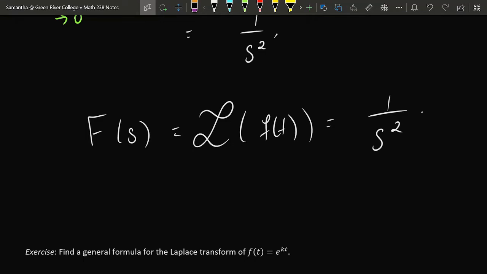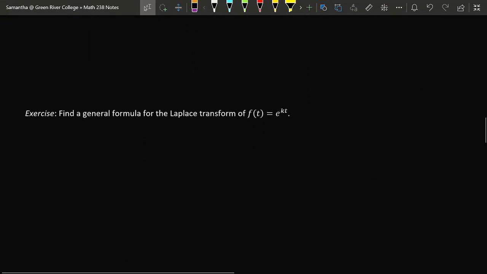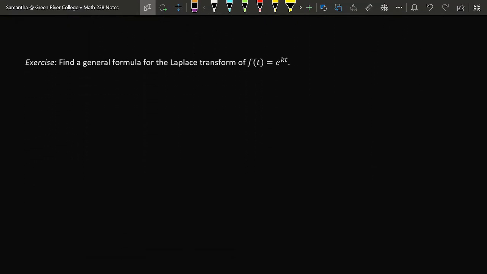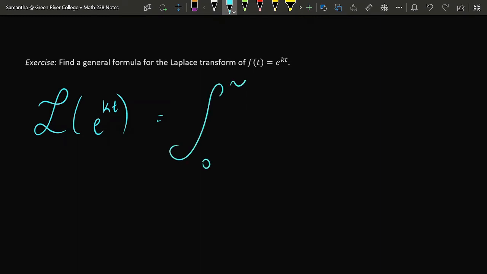Let's also practice using the definition to find the Laplace transform of this exponential e to the k times t. Using the same definition as always, we would need to integrate from 0 to infinity e to the negative s times t multiplied by our function e to the k times t with respect to t.